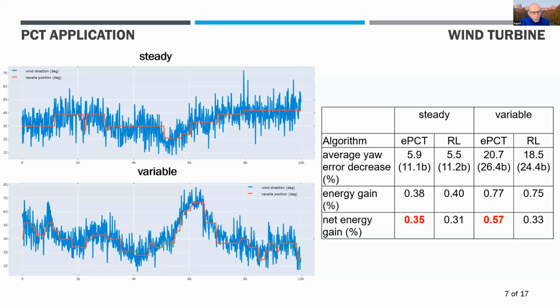And the results I got were better than the reinforcement learning, which you can see on the right in the red. For the steady condition, I got 0.35% energy gain rather than 0.31, and for the variable condition, 0.57 rather than 0.33.